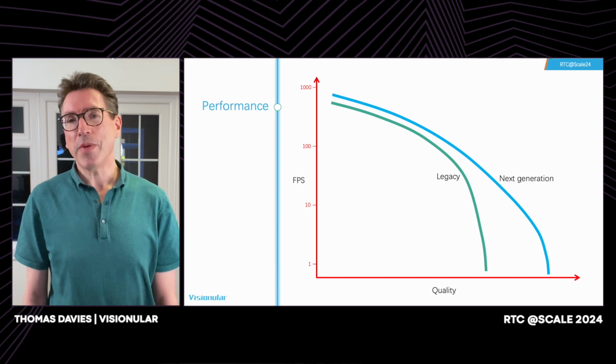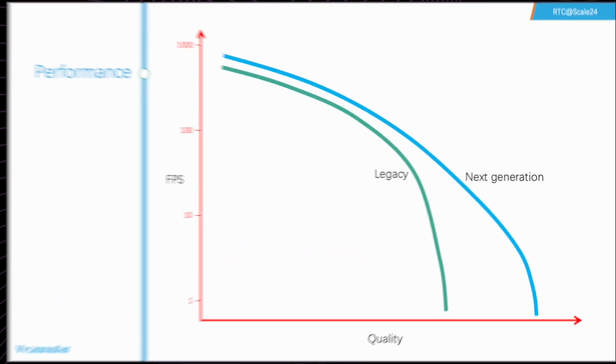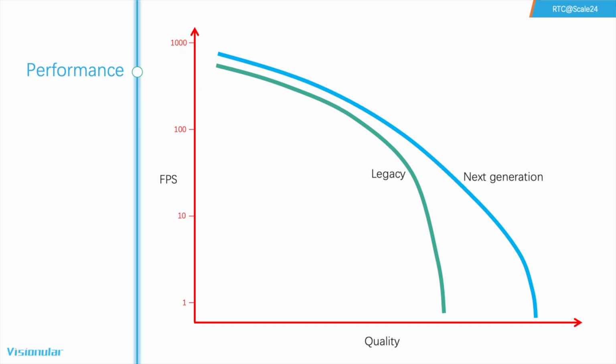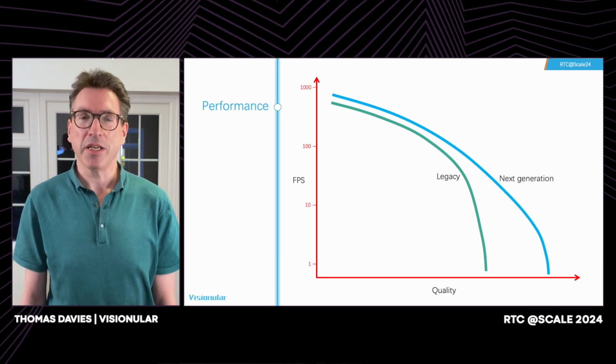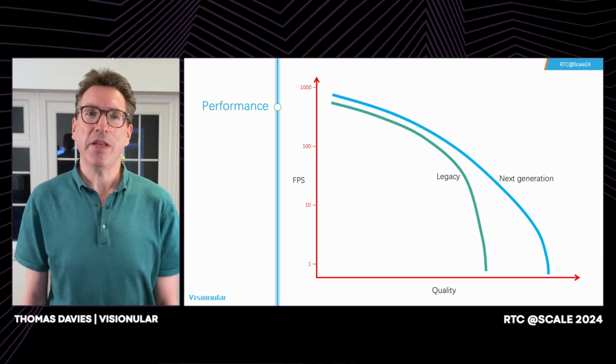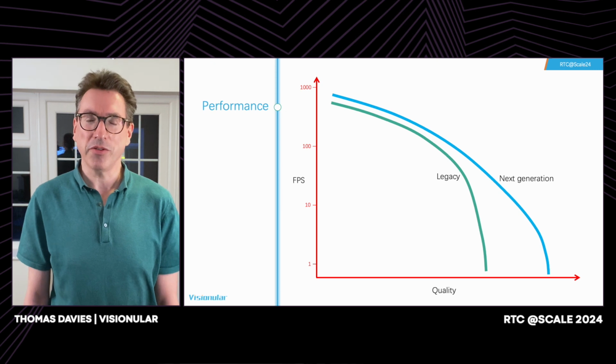So if you then compare with a legacy codec, the aim is that you are above where that legacy implementation sits across the whole range. And you can see that if you spend lots and lots of CPU and you have very poor FPS, you can get big gains. But the challenge is, can you get those gains across the whole range?